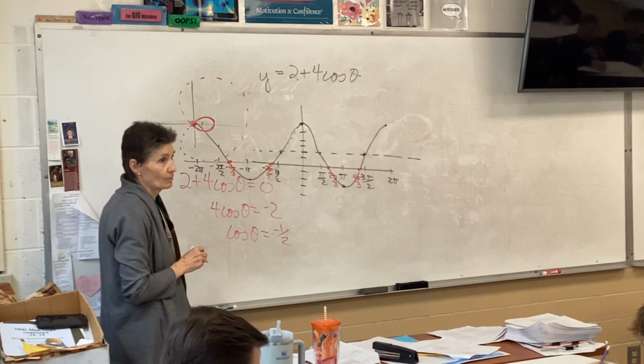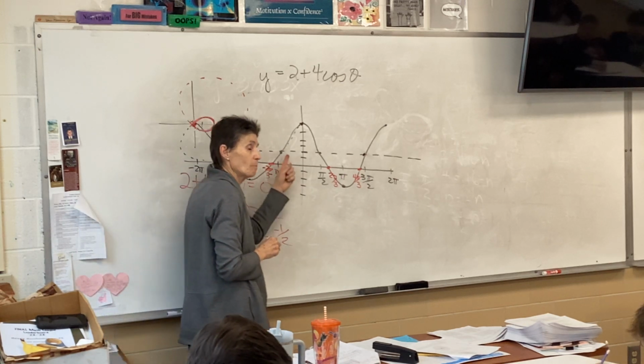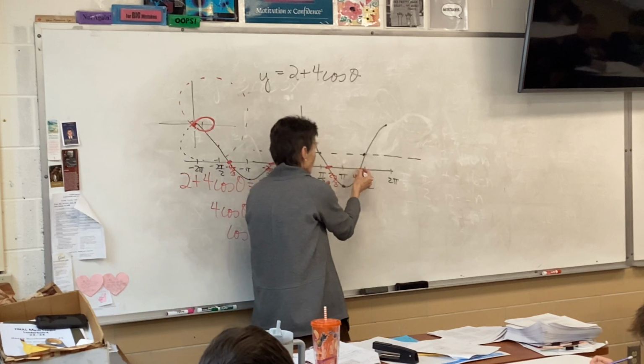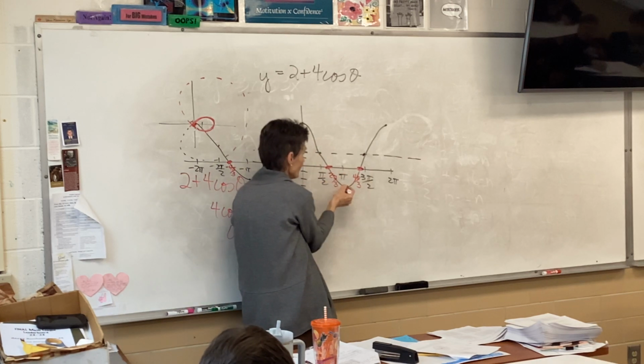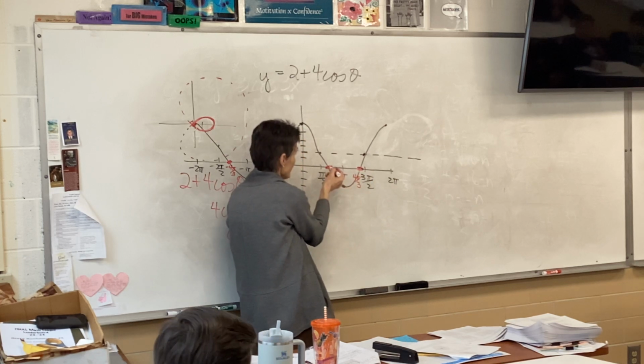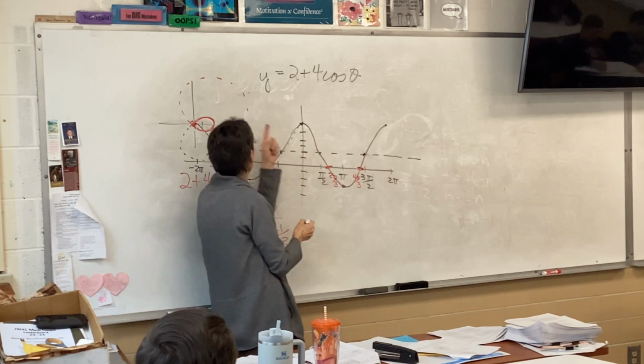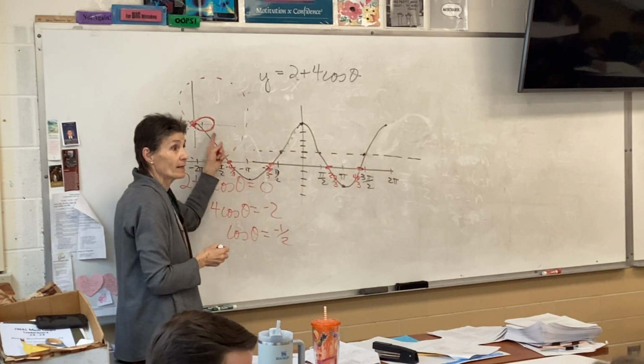Looking at the rectangular graph, I'm gonna stick with the positive part first. Looking at the rectangular graph, here's where it's at the pole. What's it doing in between? It's moving away and coming back. Isn't that exactly what we need it to be doing?